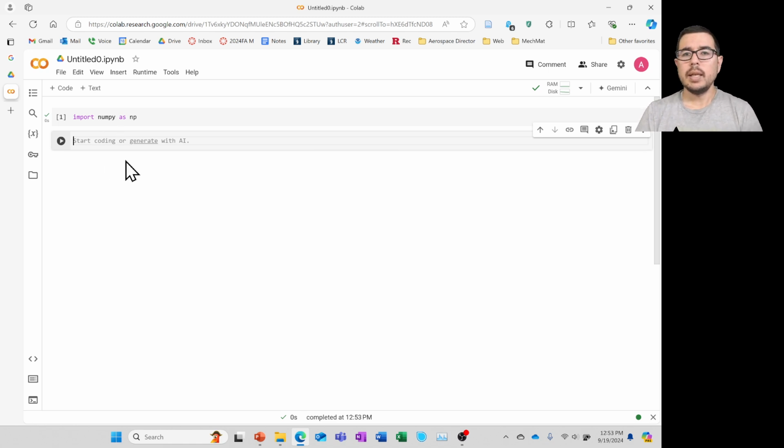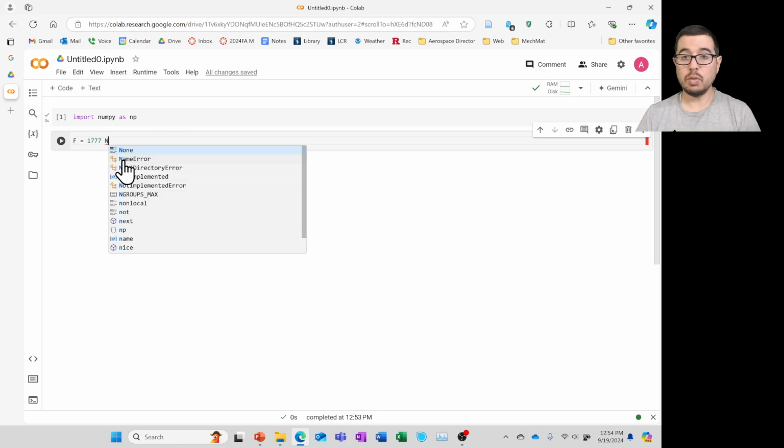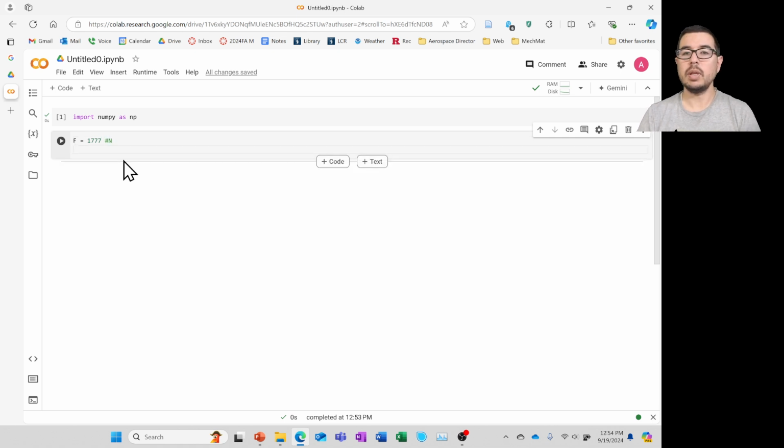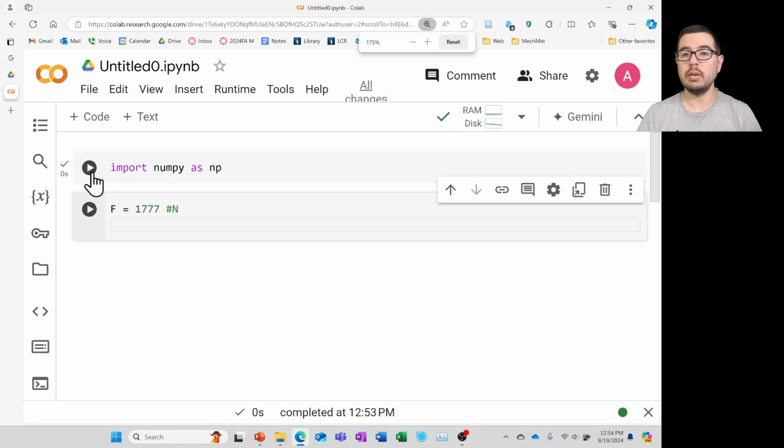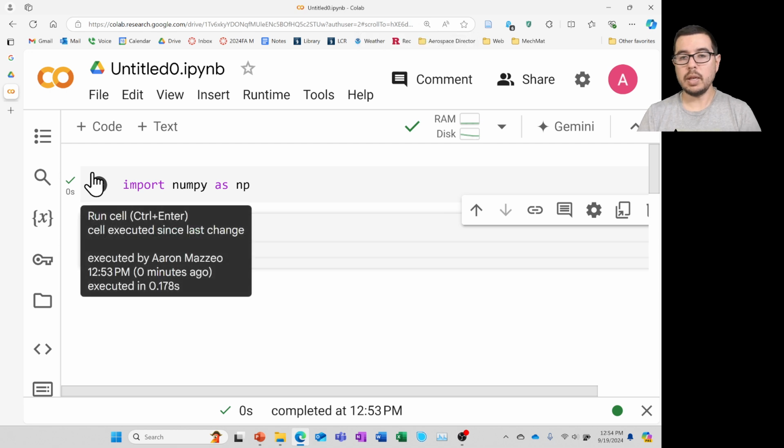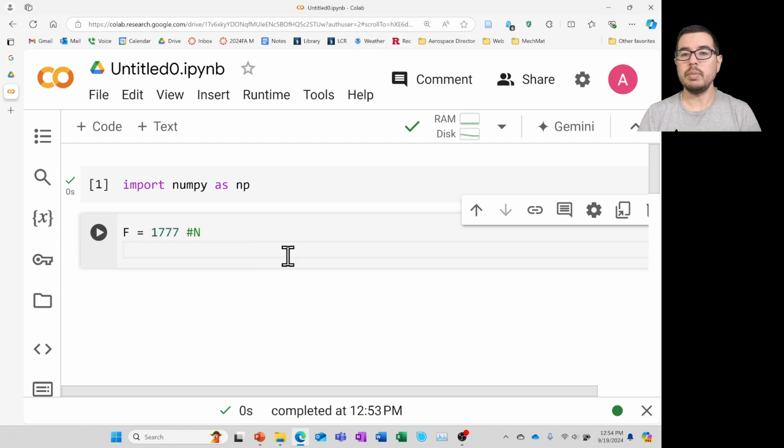So let's see, we have force, and that's equal to 1777 newtons. And so I could write it like that, but of course it doesn't keep the newtons, so I'm going to just put hashtag N, and actually we can probably make this a little bigger so people can see. Okay, so there we go. And then we have an A, which is equal to 1 centimeter.